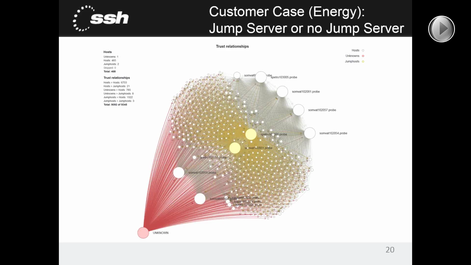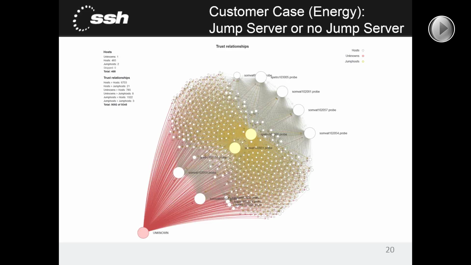And for the energy case study, you can see here that the servers in the middle are their jump host, and you can see that there's a number of servers connecting back and forth from those machines. It's a little bit difficult to see, but you can also see that many of the connections are going to those larger orbs at the top right, which have connections in from unknown hosts.